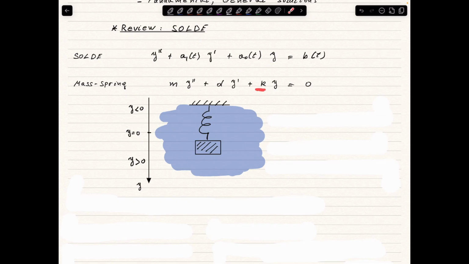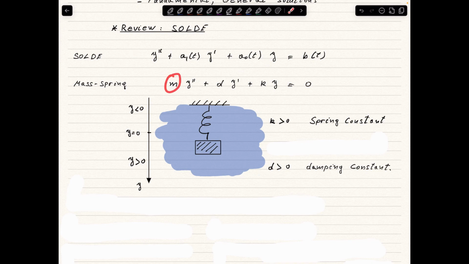The coefficient k is the spring constant, the coefficient d is the damping constant, and here we have the coefficient m that we don't have here, but of course we can always divide by that coefficient, and then we have the equation in this form. So writing the equation in this form or dividing by m is not important. m is the mass of the object hanging from the spring.